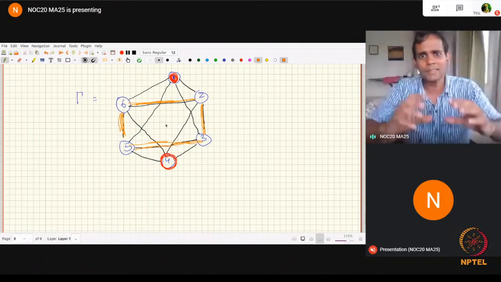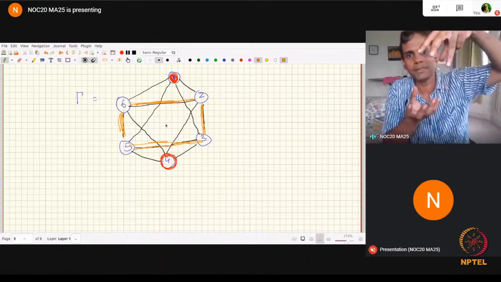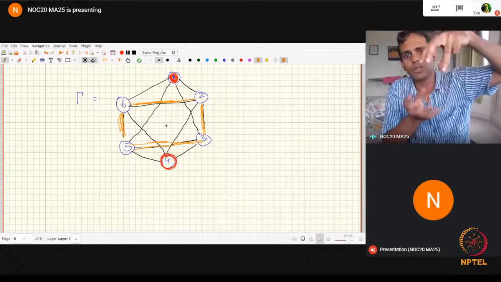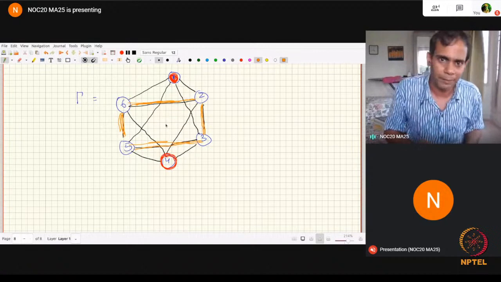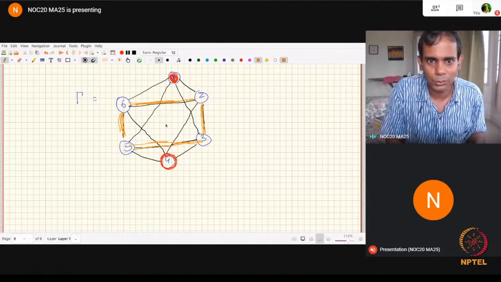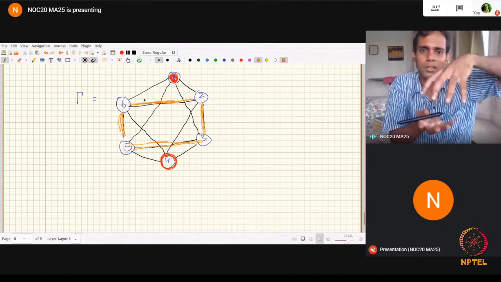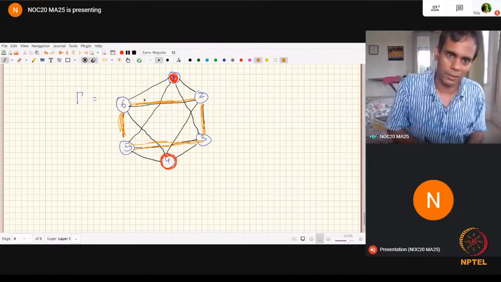You can visualize this as an octahedron, which is basically two pyramids with square bases glued to each other. The upper one involves 1 and the vertices 2, 6, 5, 3, and the lower one involves 4 and the vertices 2, 6, 5, 3, and they're glued to each other along the square 2, 6, 5, 3.